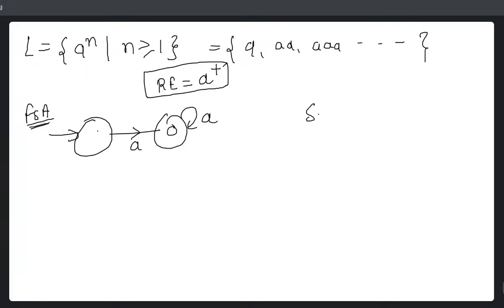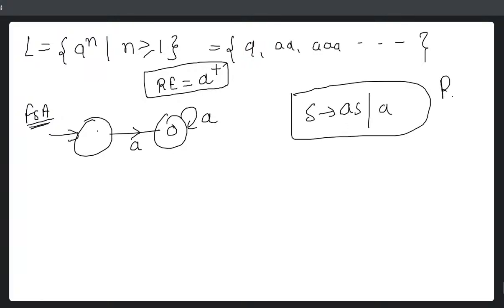We can construct the grammar like S goes to aS or a. This is the regular grammar. From the starting variable, we can generate a single a, and from this expression, we can generate any number of a's, since from S we can call it any number of times. So all three are possible to construct.